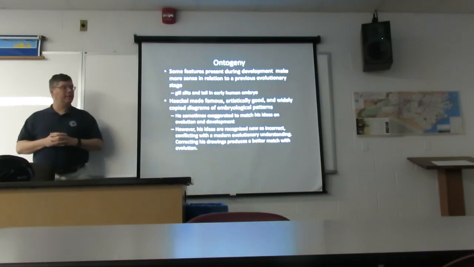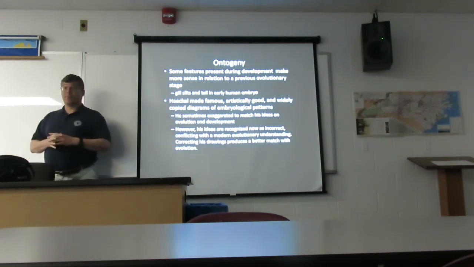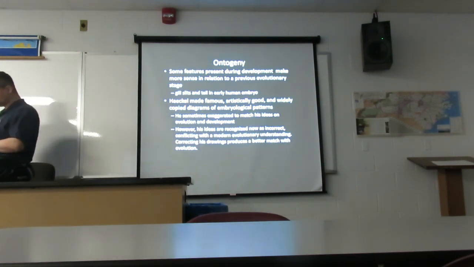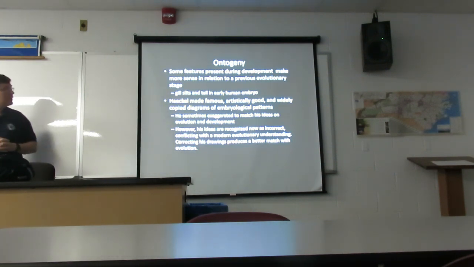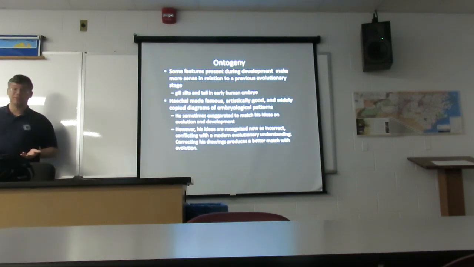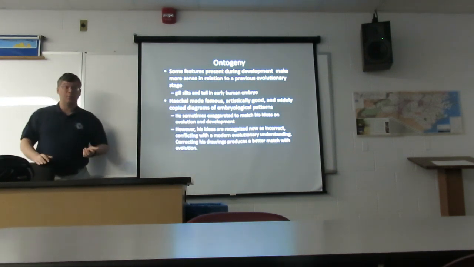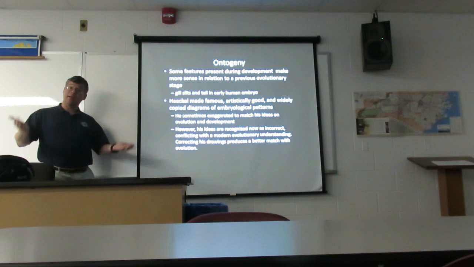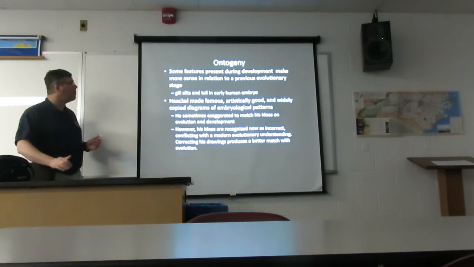Living on land, we don't need gills. And so these basically disappear or change into other things through development. But the presence of these early in development fits in with having had ancestors that had tails and had gills.